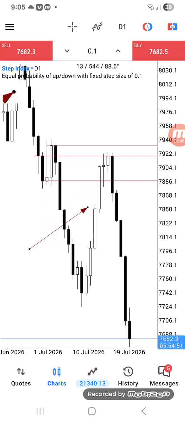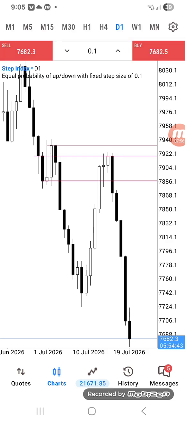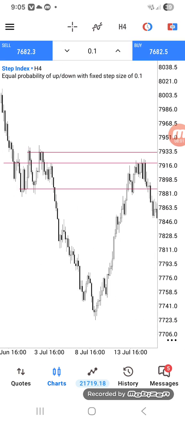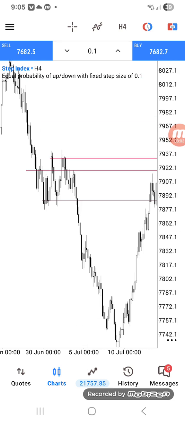Then now if the market was able to come there, now this is where ICT now comes in. Let's see on the 4-hour time frame. You come to the 4-hour time frame, and now what you see is that the market now came, and let me remove these two lines.